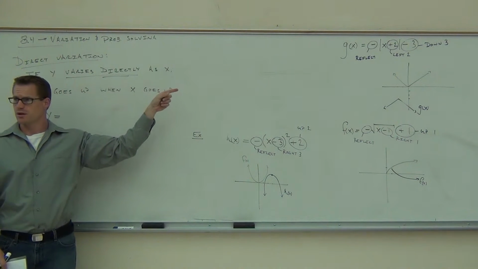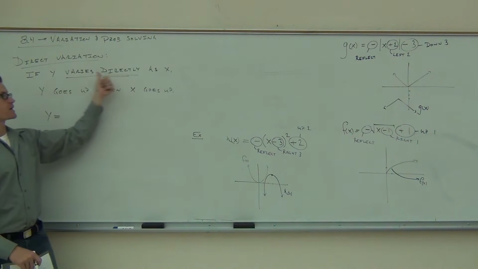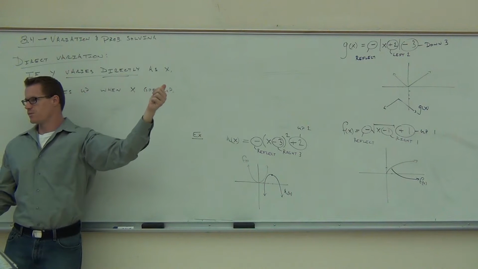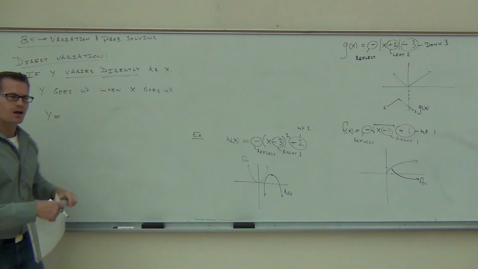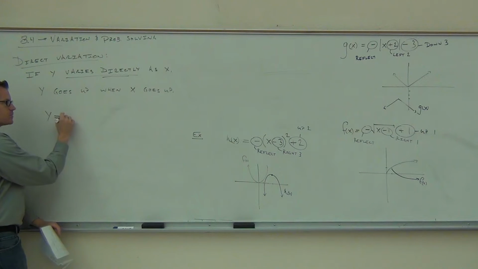Are you getting the picture there? So we could have dollars and hours, so D and H. We could have D and H instead of Y and X. So the Y and X are really arbitrary, they don't matter that much. It's the idea that one thing is tied to the other, and as one thing goes up, the other thing goes up. So Y varies directly as X means Y equals something times X.